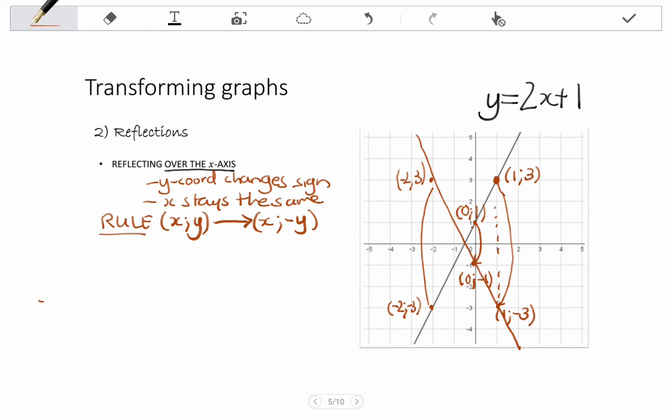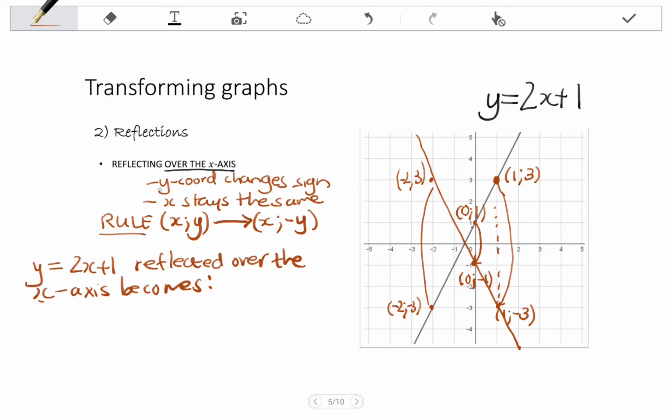Now you must be able to give the equation of the reflected graph if I reflect over the x-axis. We keep the definition of reflecting over the x-axis in mind as we do this. So y equals 2x plus 1 reflected over the x-axis becomes, remember the y-coordinate changes sign. So I'm literally going to do that.